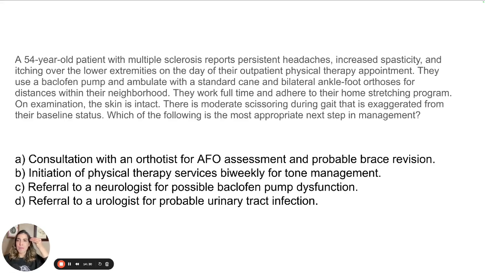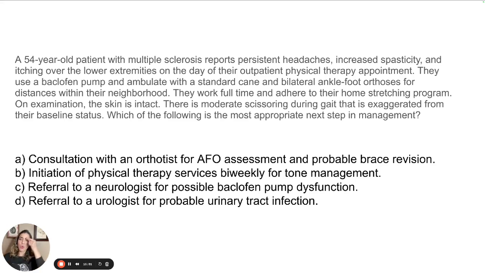They use a baclofen pump and ambulate with a standard cane and bilateral ankle-foot orthosis for distances within their neighborhood. They work full-time and adhere to their home stretching program. Good. On examination, the skin is intact. There is moderate scissoring during gait that is exaggerated from their baseline status. Which of the following is the most appropriate next step in management?